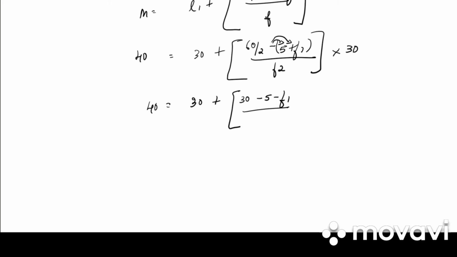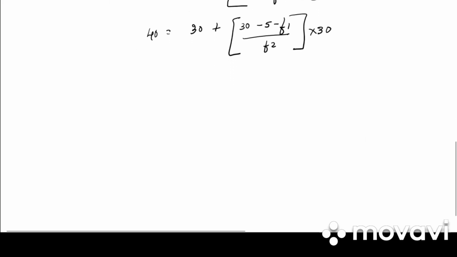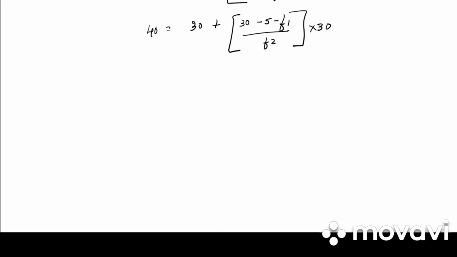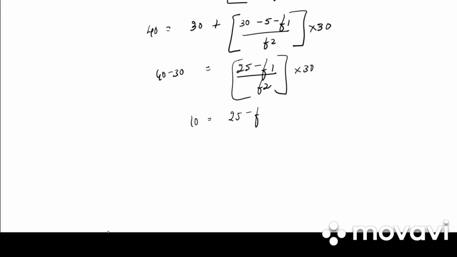Divide by F2 into 30. So 40 minus 30 is equal to 30 minus 5 is 25 minus F1 divided by F2 into 30. So 10 is equal to 25 minus F1 divided by F2 into 30.